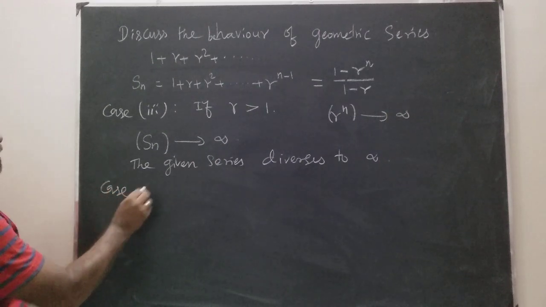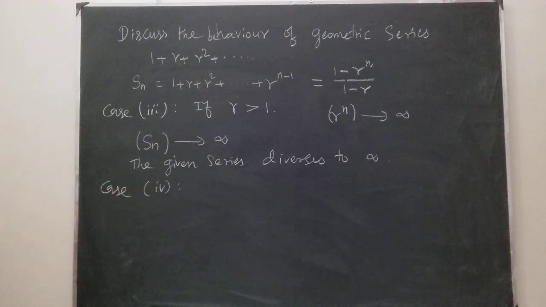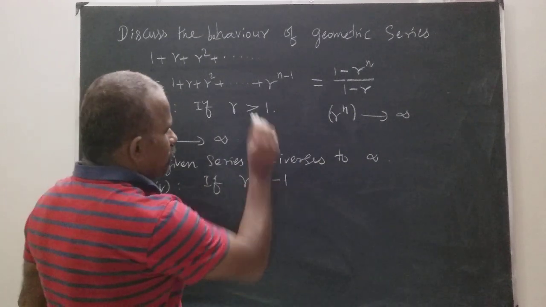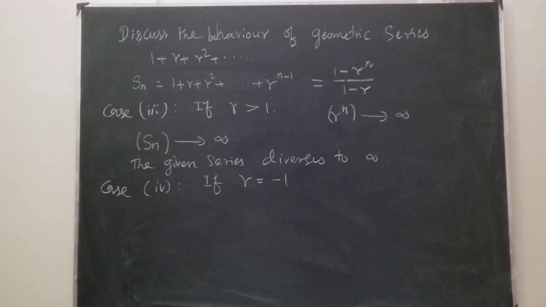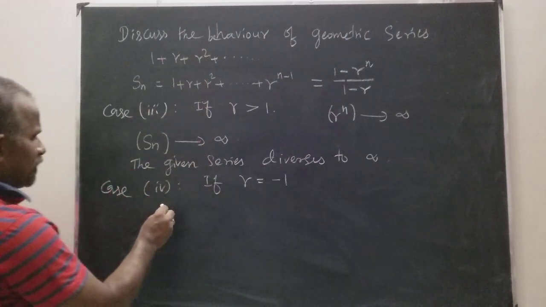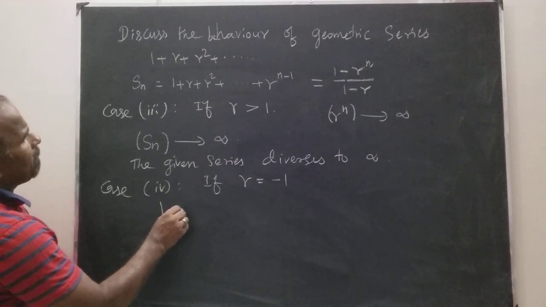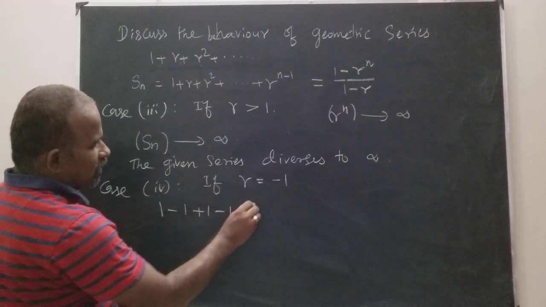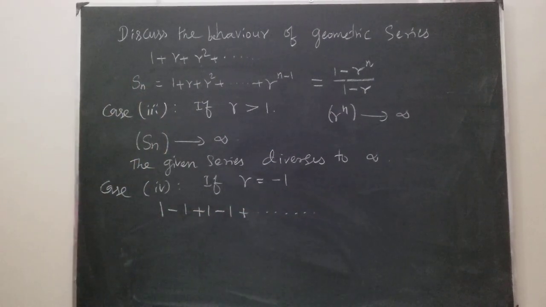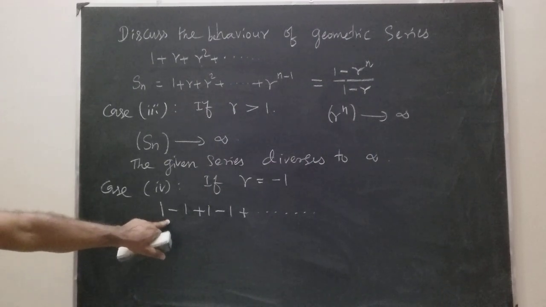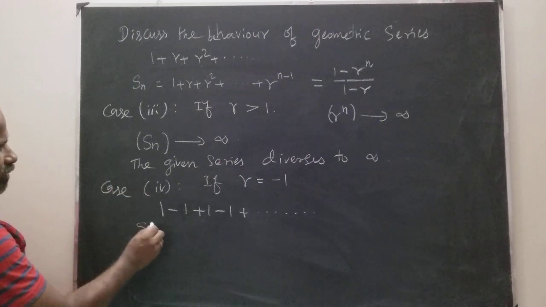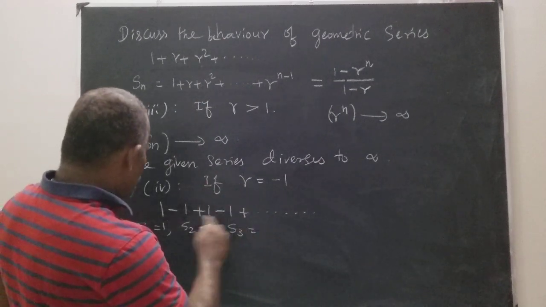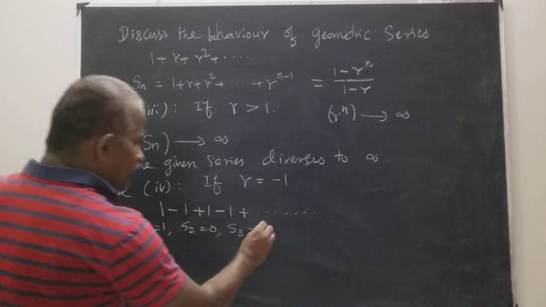The case 4, if r is equal to minus 1. Case 4, if r is equal to minus 1, the series becomes 1 minus 1 plus 1 minus 1 plus 1, etc. Here S1 is 1, S2 is 0, S3 is also 1.